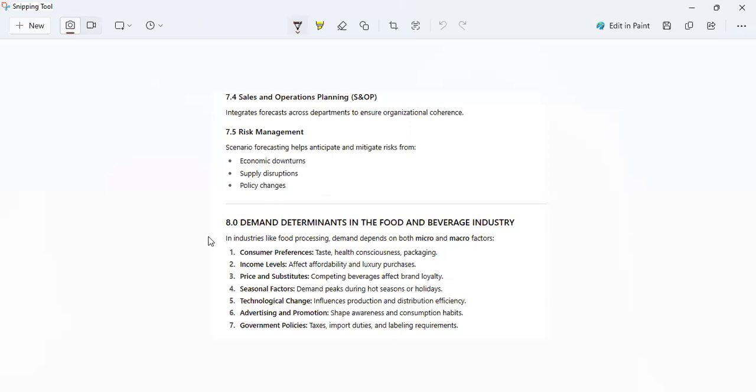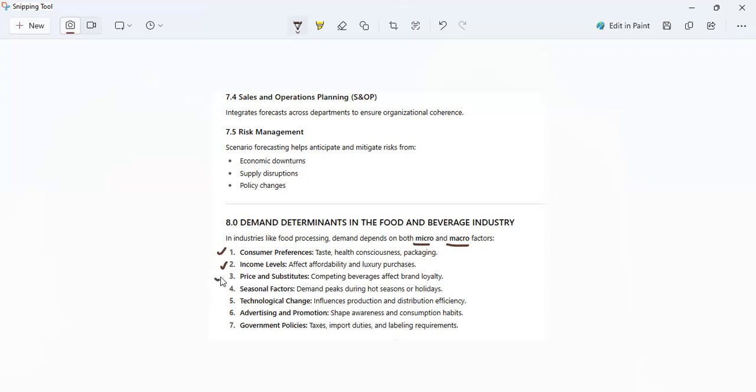So what are some of the determinants of demand in the food and beverage industry? In industries that are processing food, determinants of demand will hinge on macro and micro factors. Number one, consumer preferences: the taste, health consciousness, and packaging. Secondly, the income levels, which will affect the elasticity of demand, the affordability of the product, whether they're luxury, normal, or inferior goods.